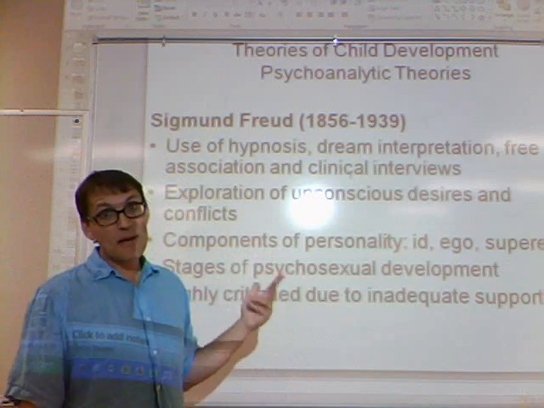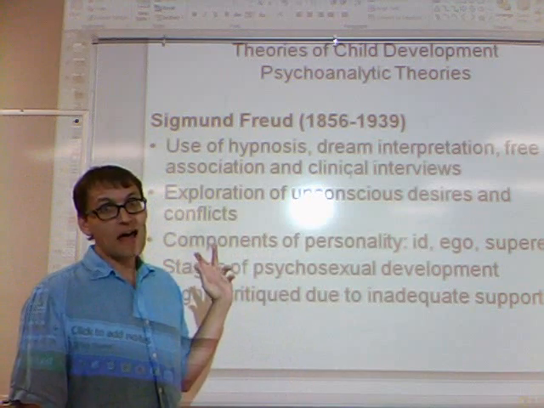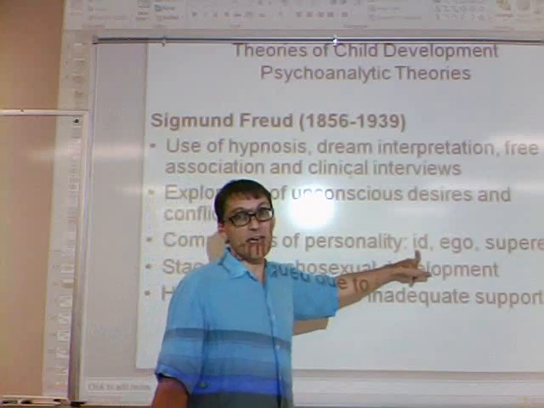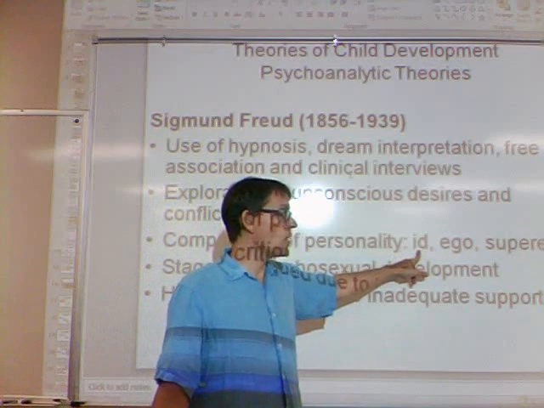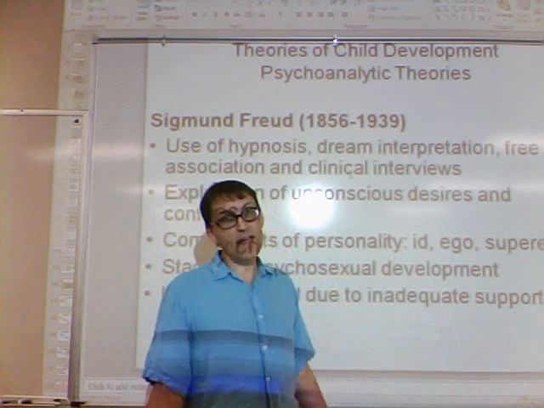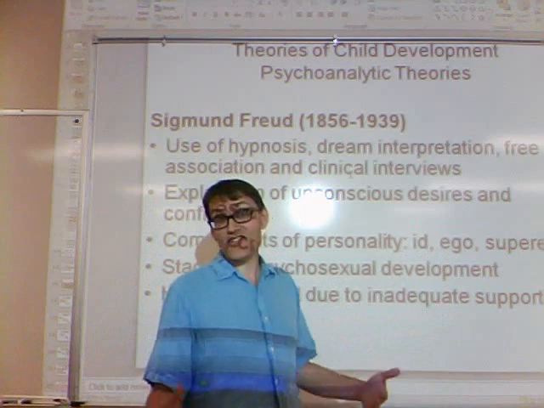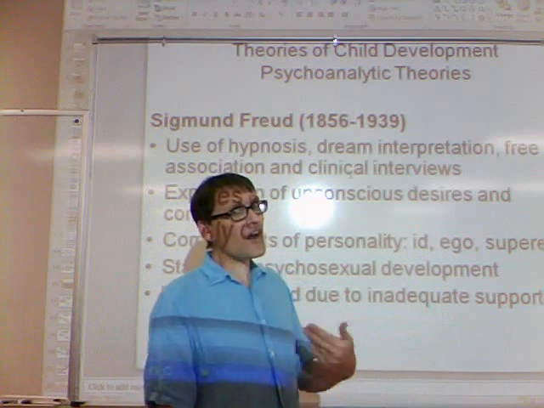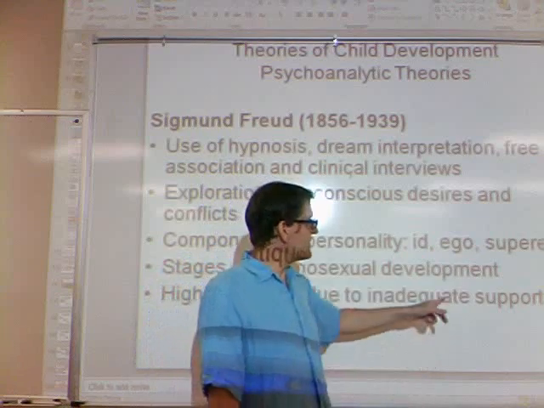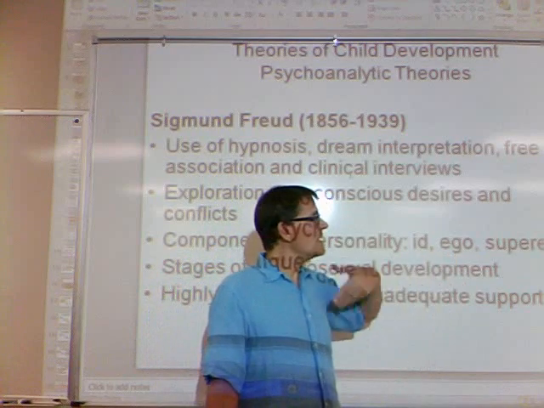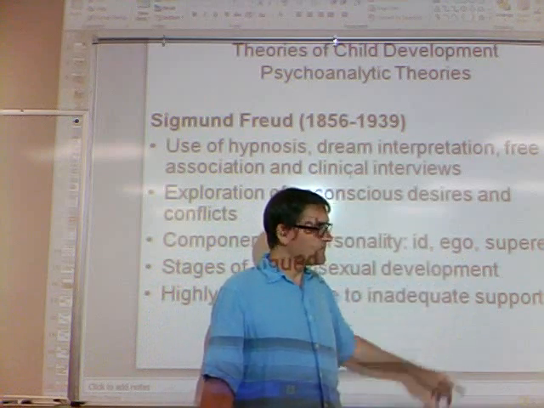Let's say I'm hungry, and so the id says, gimme, gimme, gimme, and the baby screams. Well, later on, the kid figures out, if nobody's in the room and I scream, that's just stupid. So why don't I at least wait until somebody's in the room? That would be the ego. That would be this interaction with reality.